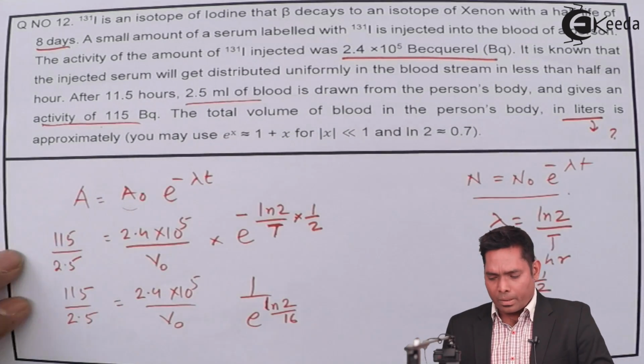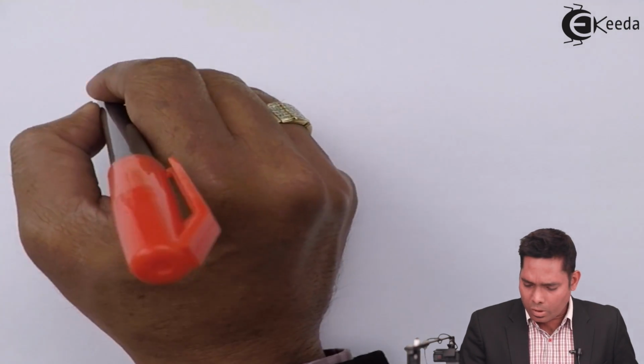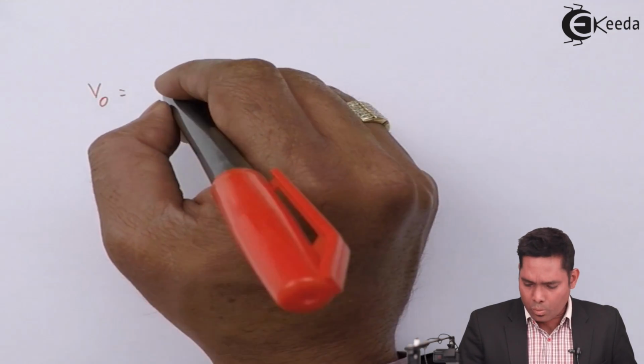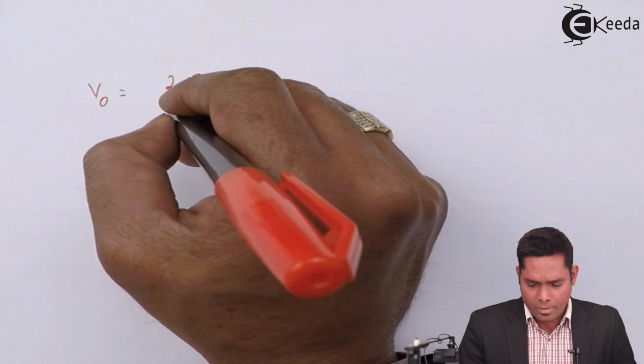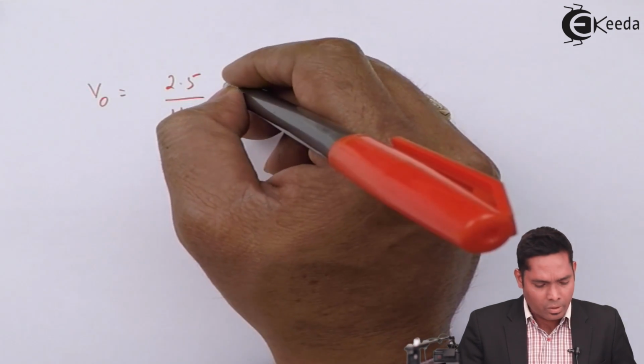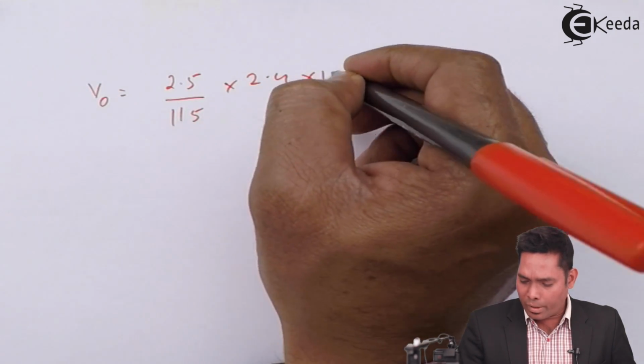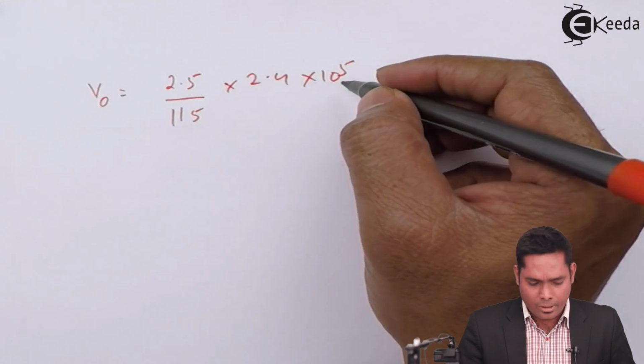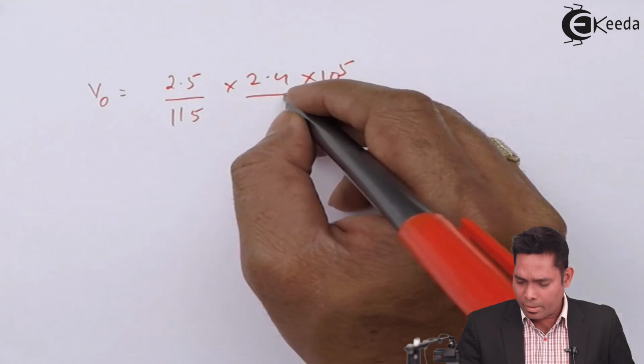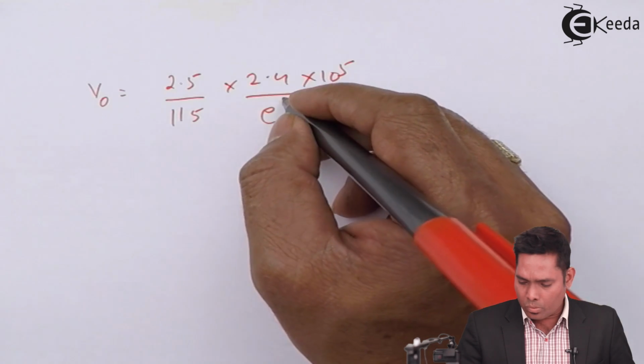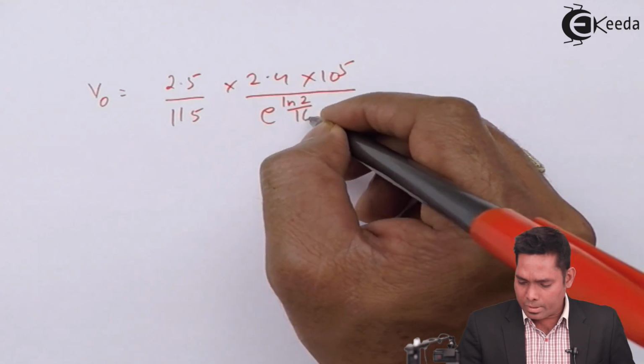If I cross multiply, I get V naught equals 2.5 times 2.4 × 10⁵ times e raised to ln2 divided by 16, divided by 115.